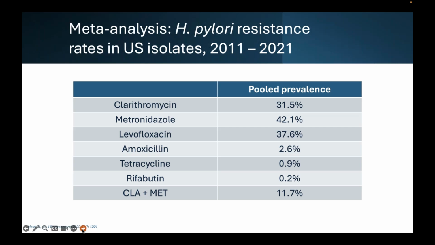Looking towards the bottom of this table, you can see that resistance rates to amoxicillin, tetracycline, and rifabutin are much, much lower than that. That emphasizes the important role of amoxicillin as part of some treatment regimens. Somewhat worryingly, at the bottom row of the slide, you can see that the prevalence of dual resistance to both clarithromycin and metronidazole was almost 12%. Next slide, please.